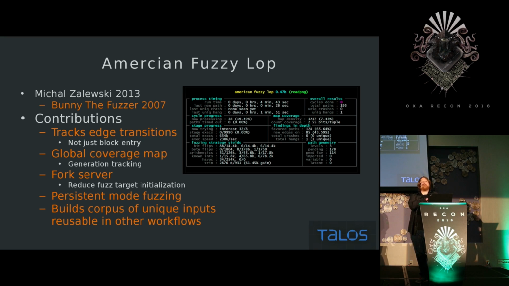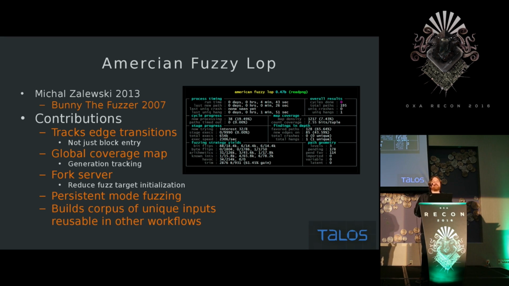This will save every unique file that went somewhere interesting or unique on the graph. So every input will be exploring a new part of the graph of your target under test, meaning that it probably has new features, or it exercises loops longer, or it's doing something interesting. Each one of those inputs is saved for you, and then you can reapply those inputs to any other parser of that format.